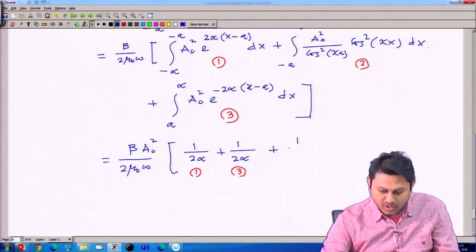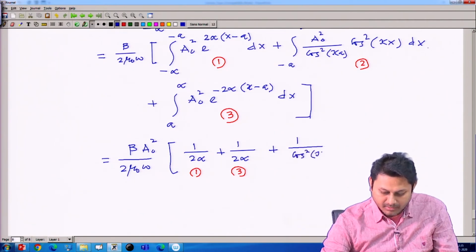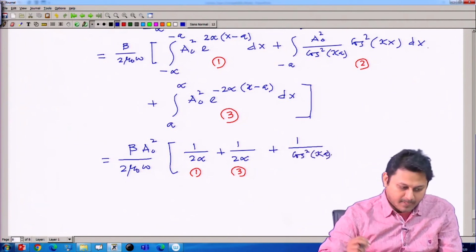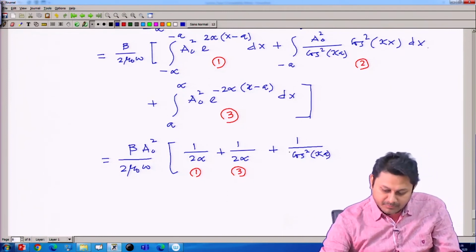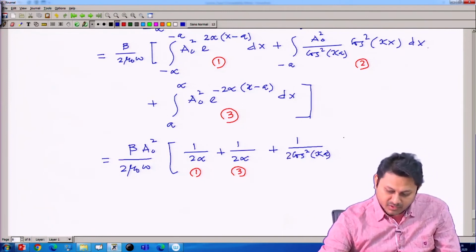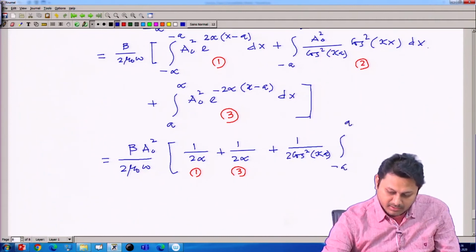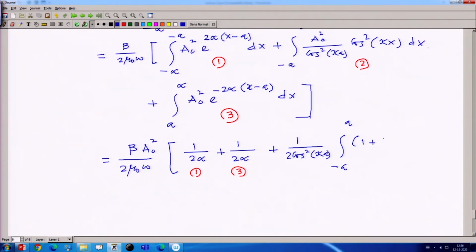So, I can write 1 divided by cos square kappa a, and then cos square I can write as, from minus a to a, 1 plus cos 2 kappa a, and then dx.